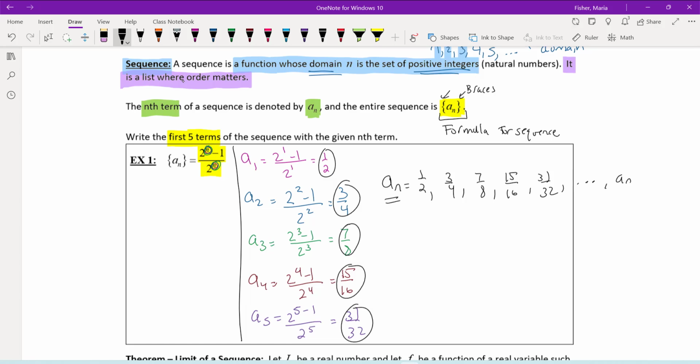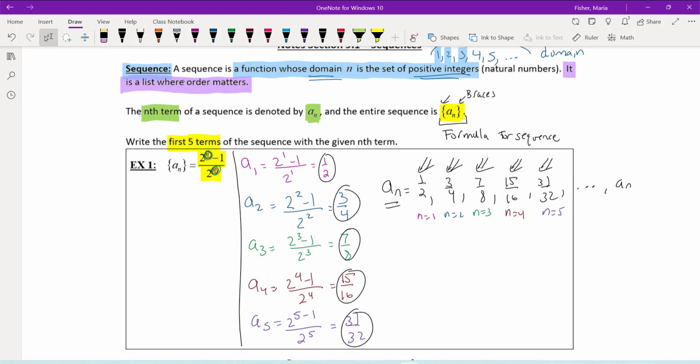So a sub n is just going to be that general term, but the first 5 terms in this particular sequence are these 5 terms. Again, this happens when n is equal to 1. When n is equal to 2, we get 3/4. When n is equal to 3, we got 7/8. When n is equal to 4, we got 15/16. And then when n is equal to 5, we got 31 over 32.